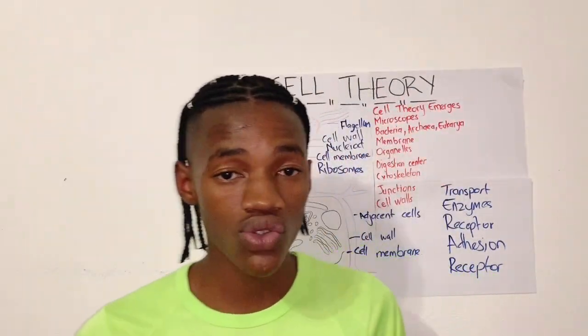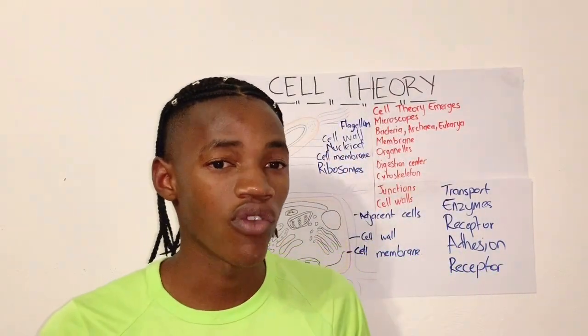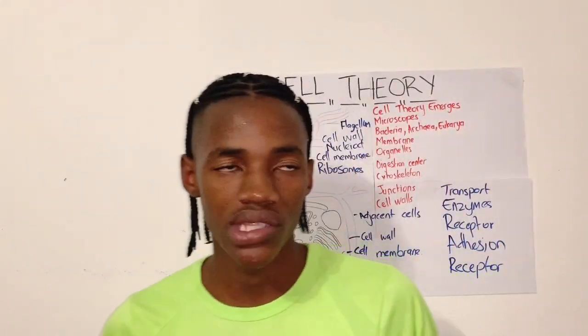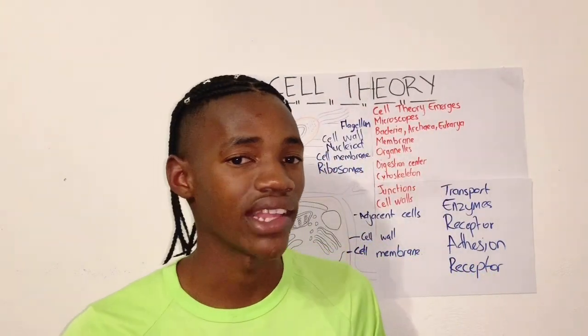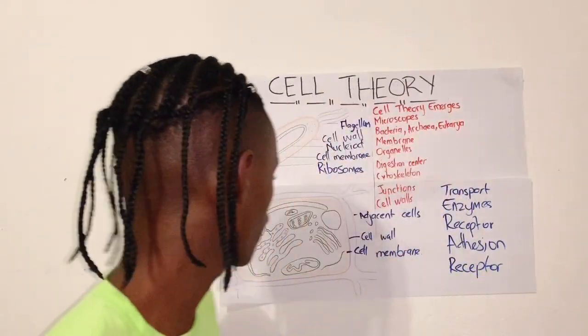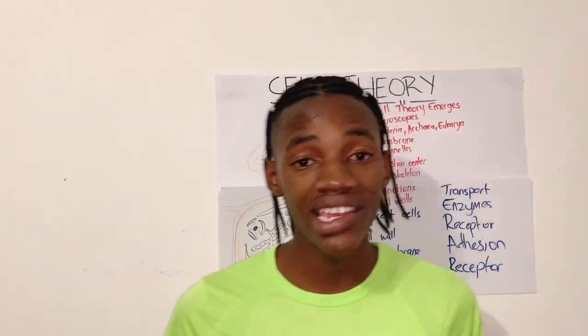So the mitochondria is the organelle that is responsible for producing ATP, and ATP is very, very important because it provides the energy that makes a cell perform its functions. Now a mitochondria is composed of two membranes, an outer membrane and an inner membrane.